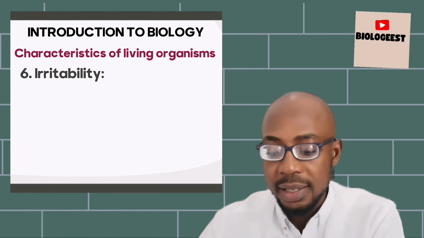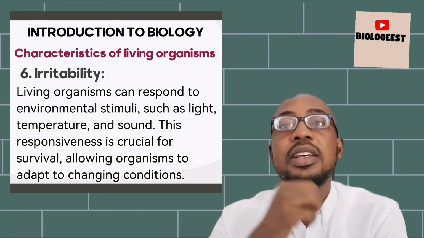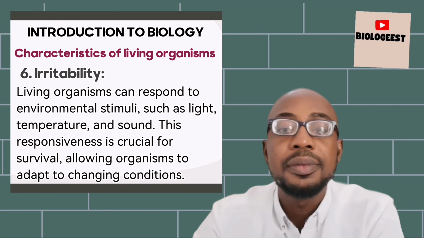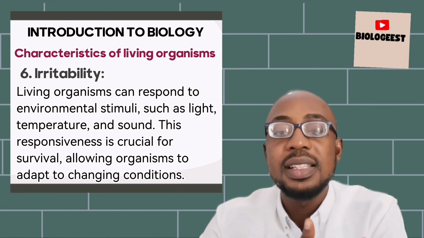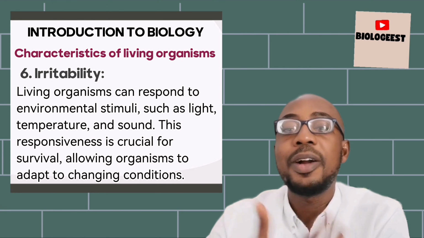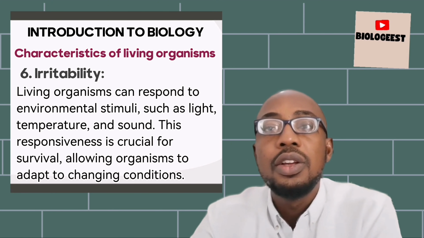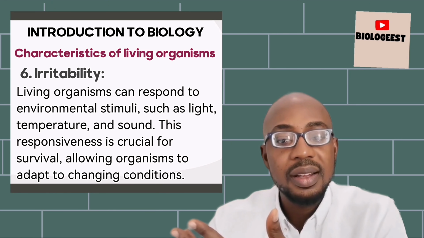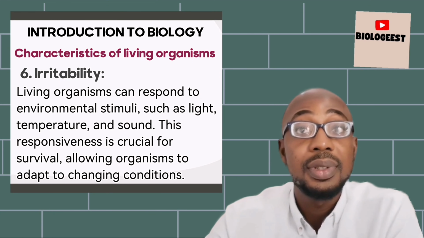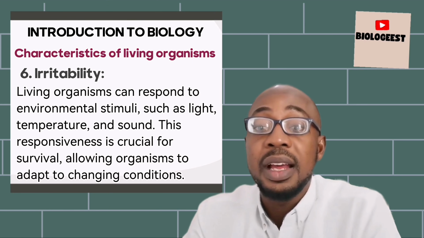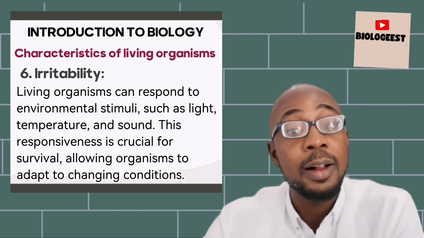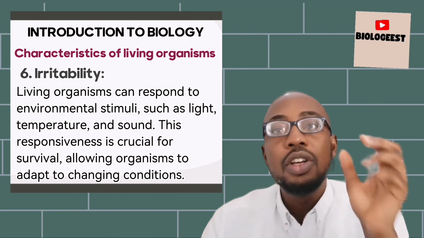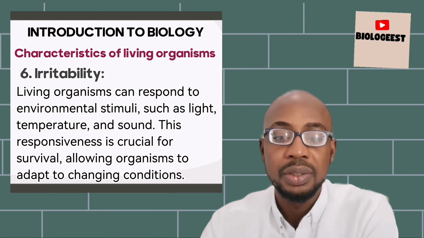The sixth characteristic is irritability or the response to stimuli. All living organisms can respond to environmental stimuli such as light, temperature, and sound. This responsiveness is crucial for survival, allowing organisms to adapt to changing conditions.